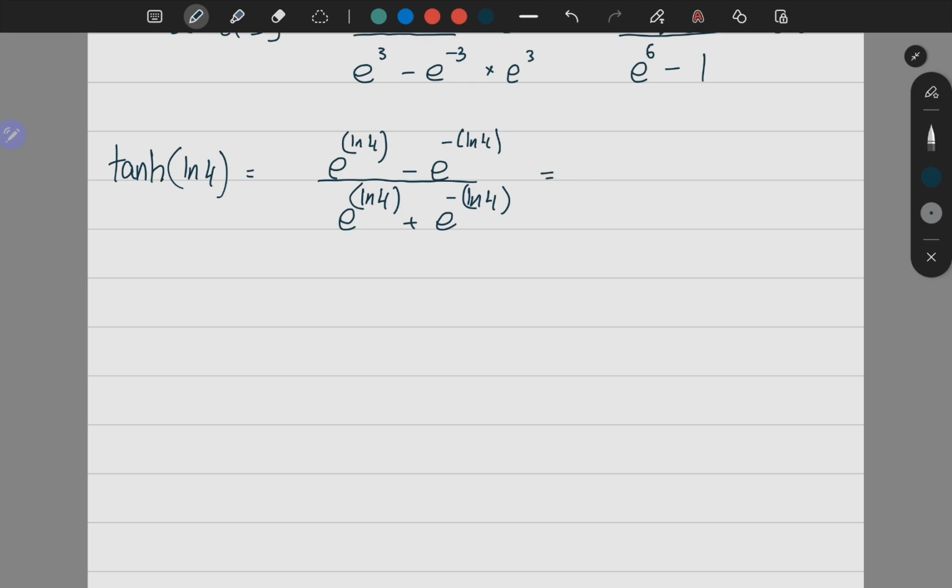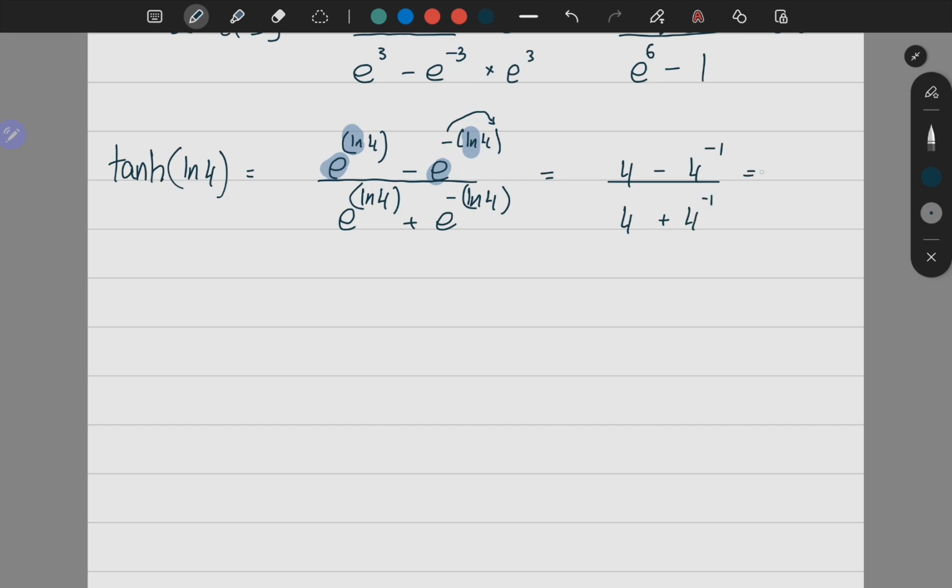Let's do it manually. So this is going to be, since this is e, right, and this is e and this is ln, we can just write 4 on top. There's no problem with that. And here, this is e, this is ln, but we gotta take this negative sign on top first, so we get minus 4 to the power minus 1. And the bottom is going to be the same thing.